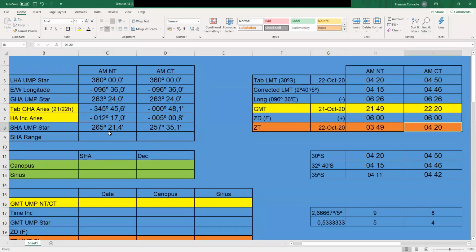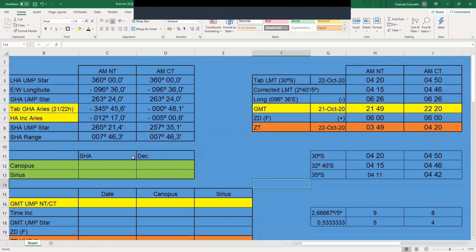So between 265, 21.4 and 257, 35.1, if you subtract them, that gives you a range of 7 degrees, 46.3 minutes. So between nautical and civil, the time that we are looking at, we have a range of 7 degrees, 46.3 minutes.